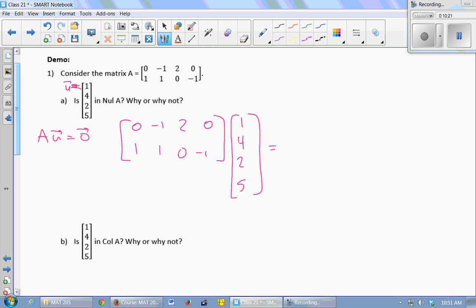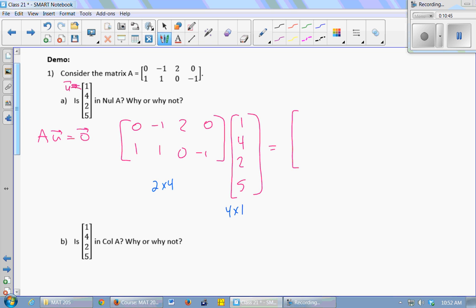Yeah. That matrix is 2 by 4. This vector is 4 by 1. Since the inner dimensions match, you can multiply them, and the result is going to have the outer dimensions, 2 by 1. 2 entries, 2 rows, 1 column.